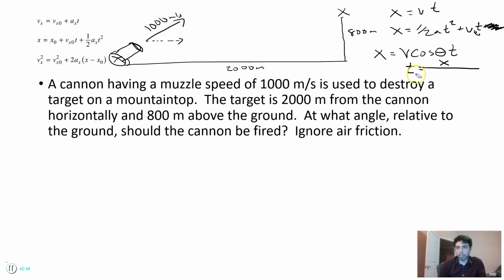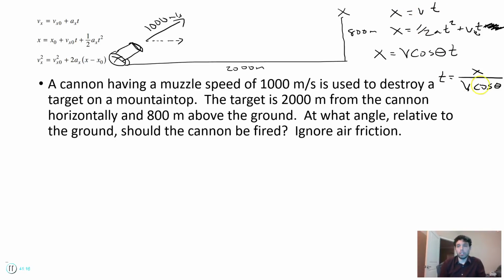I don't want to go look back at this and be confused or confuse anyone else. So I'm going to divide by v cosine theta, so I want to get t equals x over v cosine theta, right?